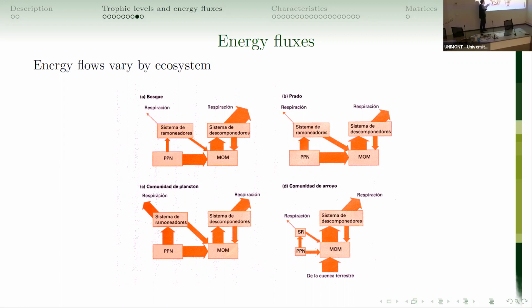Of course, for each community, for each food web, we have to try to calculate these numbers somehow, right? Sometimes it's difficult to calculate all these efficiencies, but there are other methods. But we have to take into account that the energy fluxes among the different ecosystems or communities can vary quite a lot.